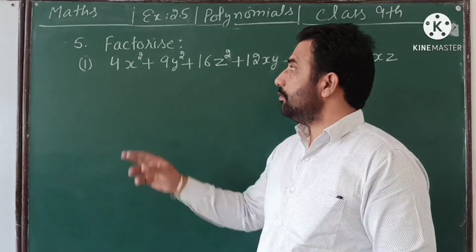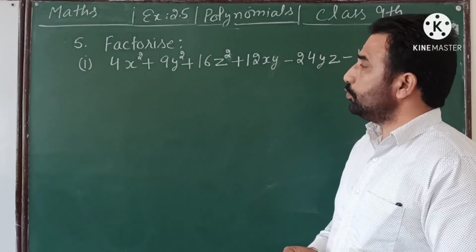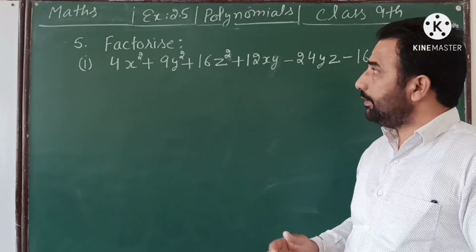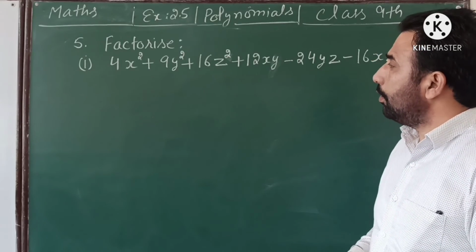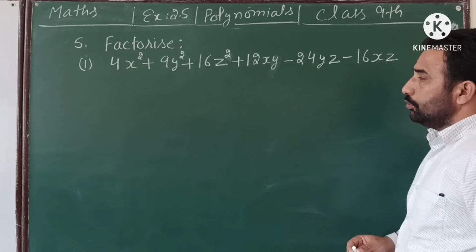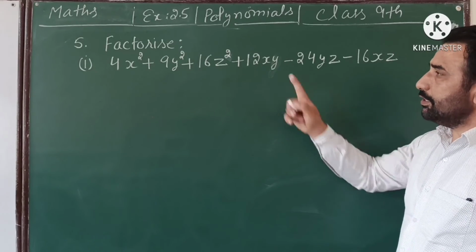Fifth part is factorize. Okay student, before, with the help of identities we were multiplying the terms. Now with the help of identities we will make factors. So which identity can we choose here?